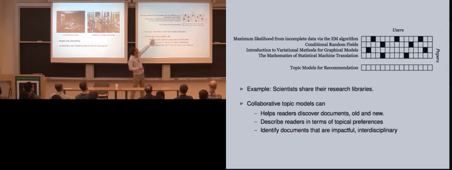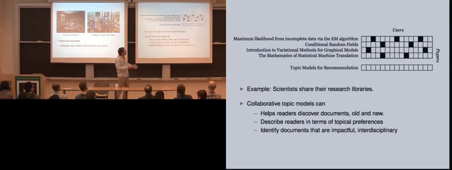Scientists share their research libraries, and that gives us a matrix like this, where your users are in the columns and academic papers are in the rows, and you have a filled-in cell when a user has that paper in his or her library. For example, here's the EM paper, and Rich might have the EM paper in his library. Here is the Introduction to Variational Methods for Graphical Models paper, and Tommi might have that paper in his library. This is the data we have.